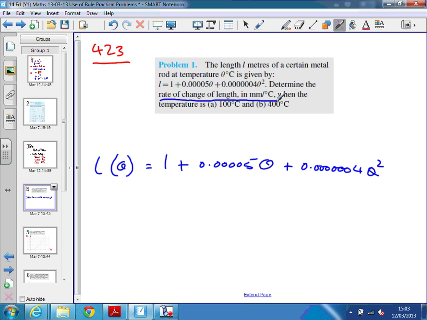So what does that tell us? That tells me two things. First of all, it tells me that I've got to differentiate it, because when I differentiate something, that tells me the rate of change. Okay?